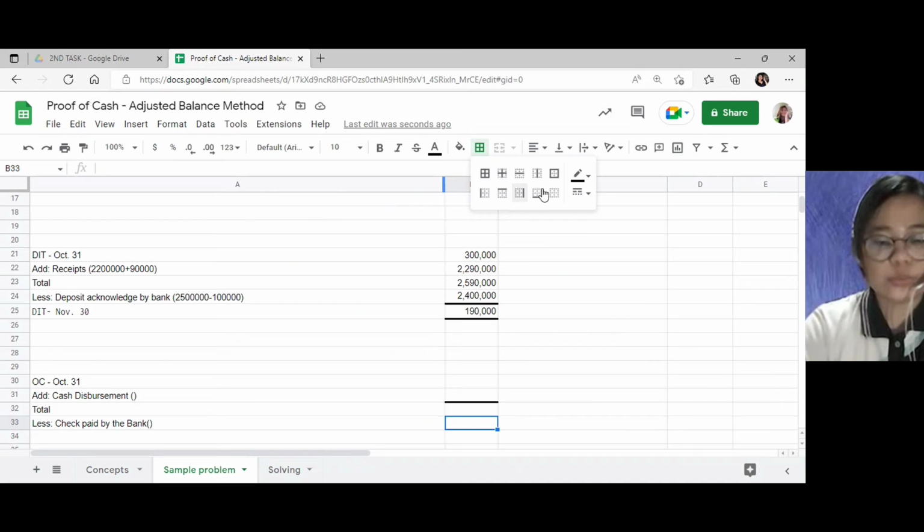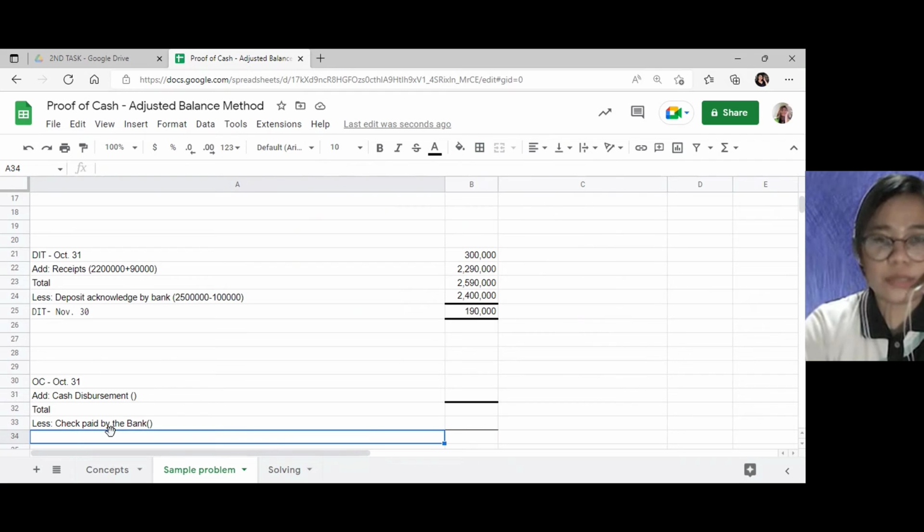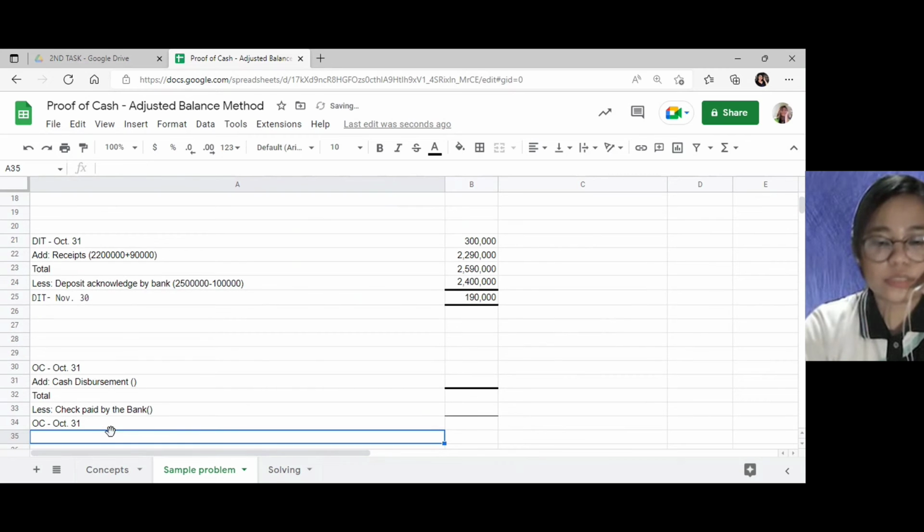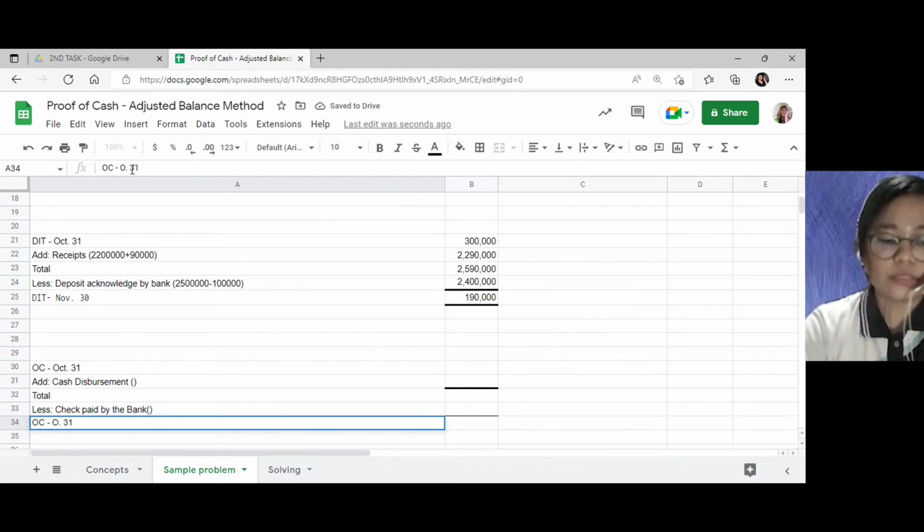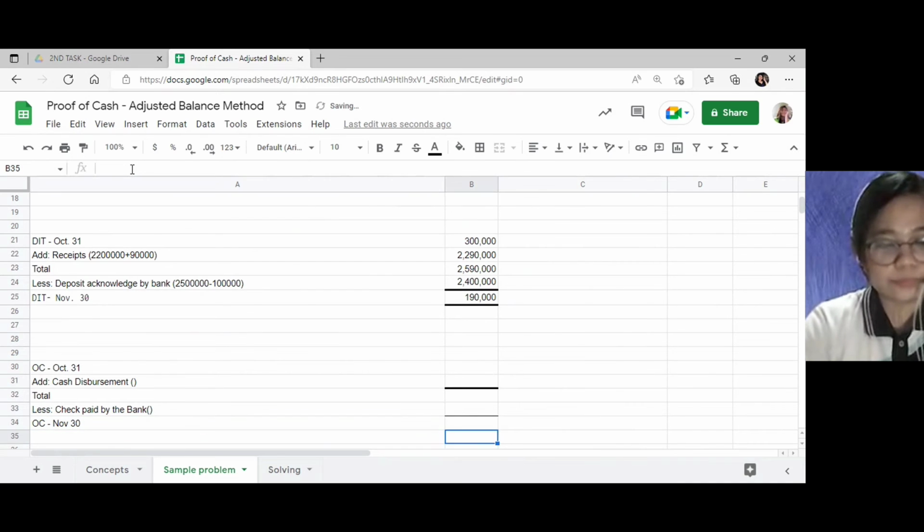Since supposedly, yung disbursement is 300,000, tapos yung na-record lang is 30,000. So, dapat yung 270,000 na yon i-add dapat natin ito sa 1,700,000 para makuha natin kung magkano ang total na disbursement from the entity. So, that is total of 2,070,000.